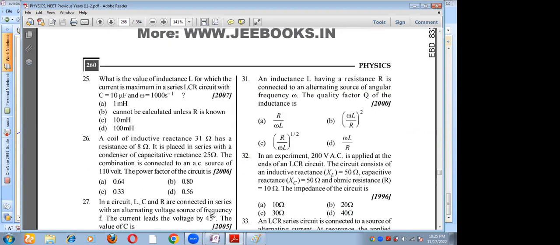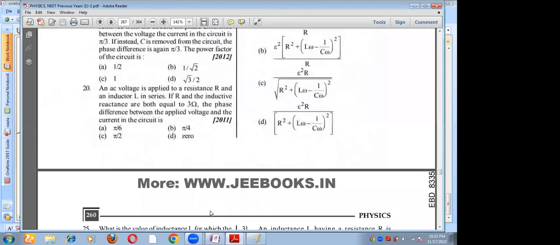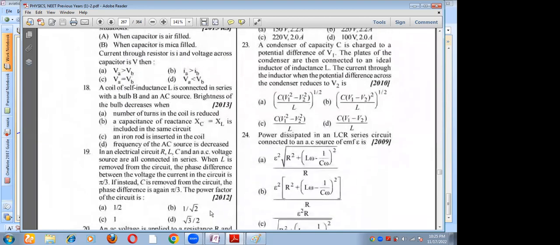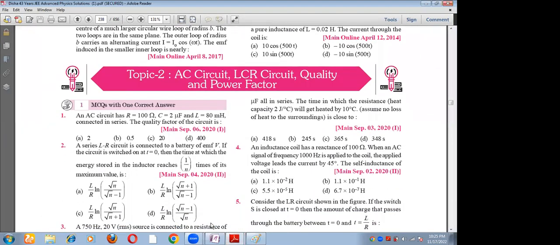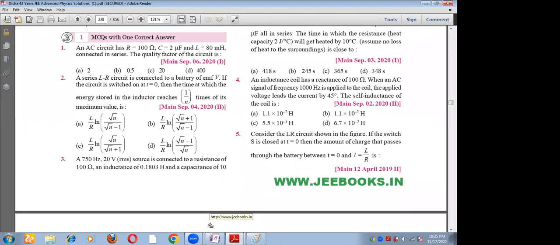Question based on it. Let us do a JEE question. Question number 1.